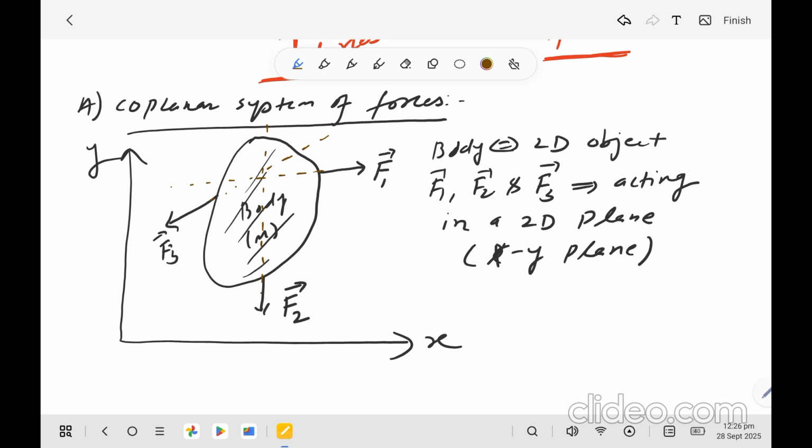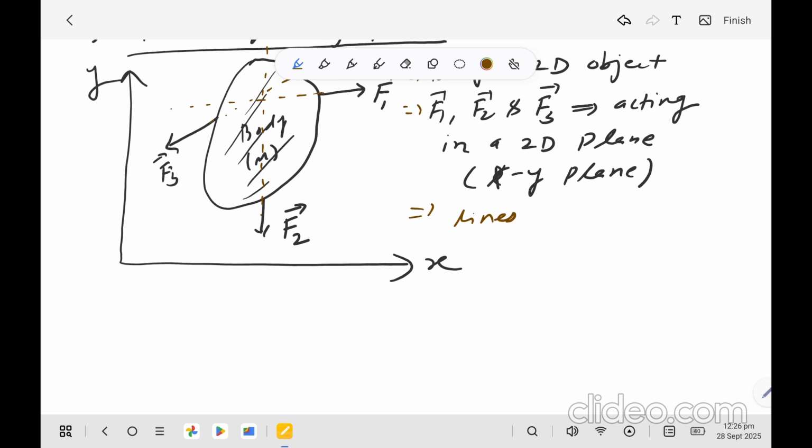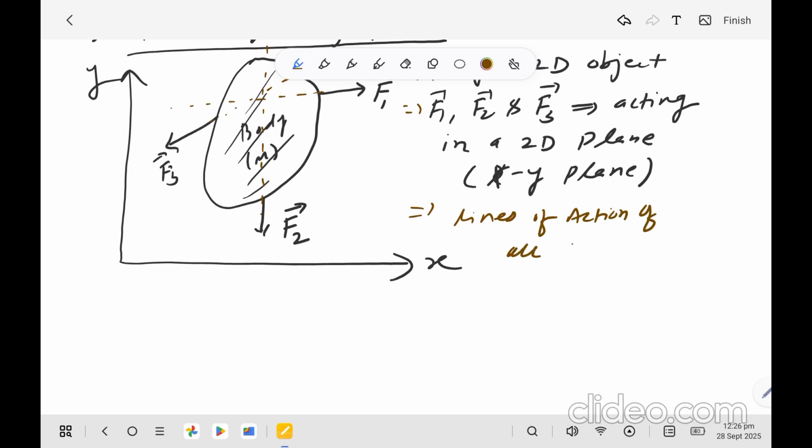So the lines of action of all forces lie in the XY plane, meaning 2D plane.